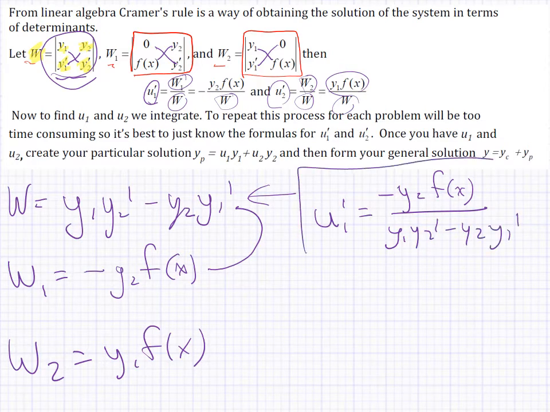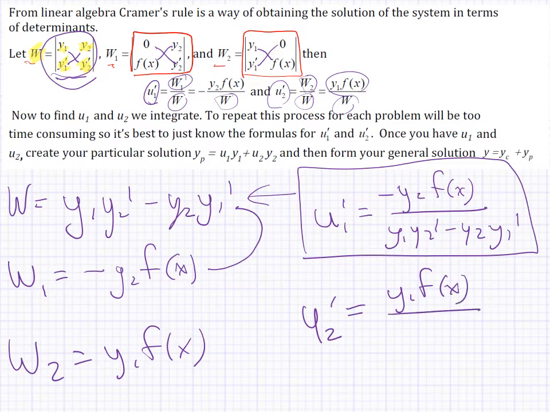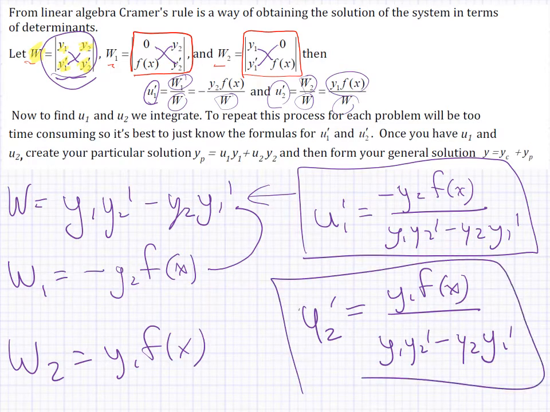And there's a formula for solving for u1 prime. And then we have u2 prime equals y1 f of x over y1 y2 prime minus y2 y1 prime. Again, there's a formula for u2 prime, okay?